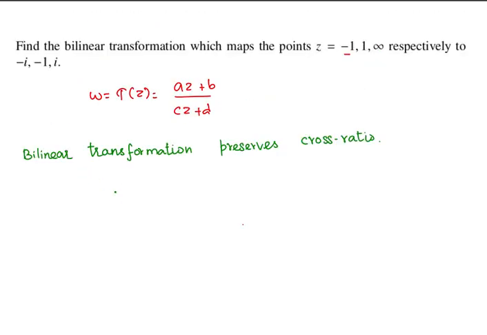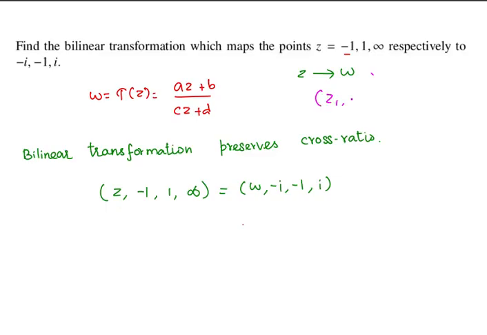So that means the first point z is mapped to w, I want to assume. Then z, -1, +1 and infinity are mapped to w, -i, -1 and +i. So the cross ratio formula, we know that. What is the cross ratio formula?